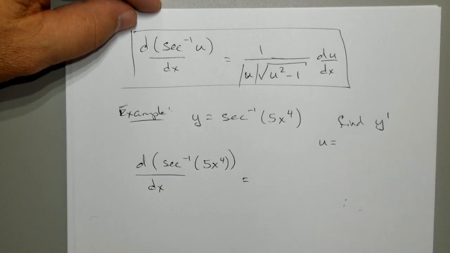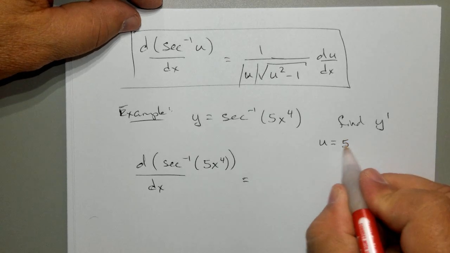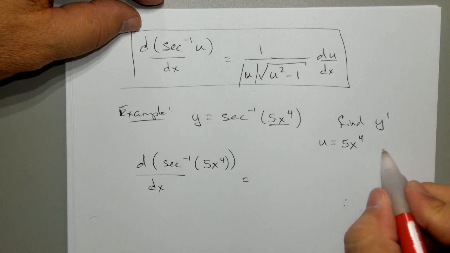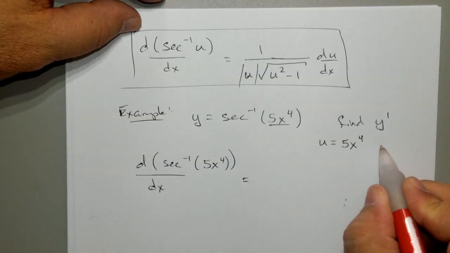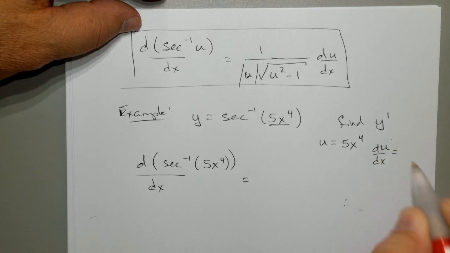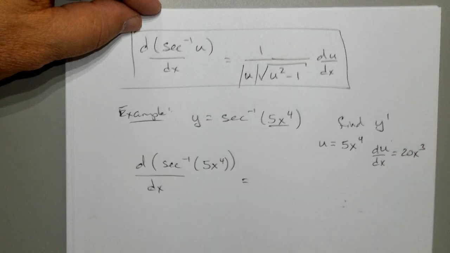What is my u? It's 5x to the 4th. So du dx is going to be 20x to the 3rd.